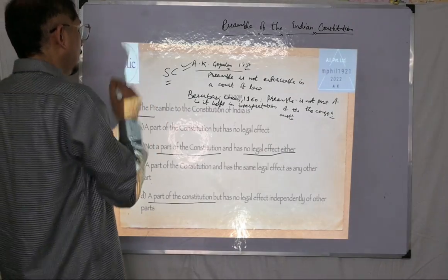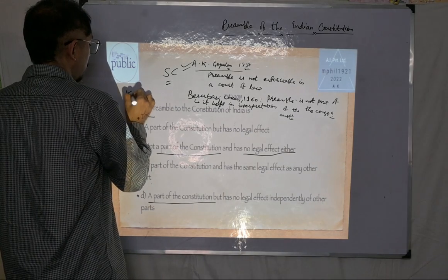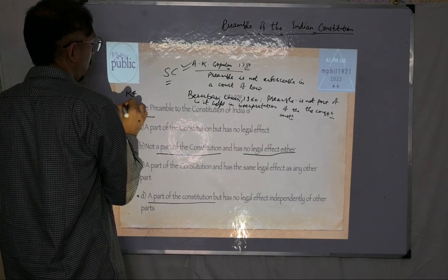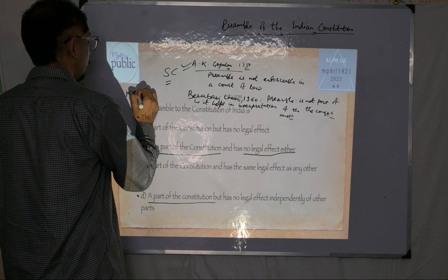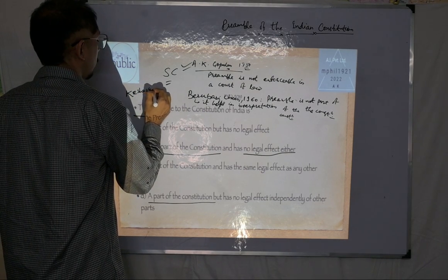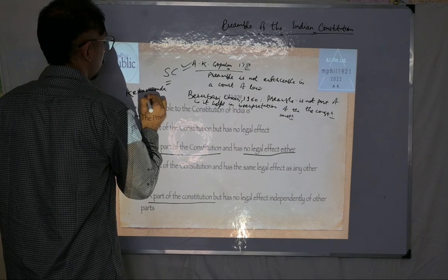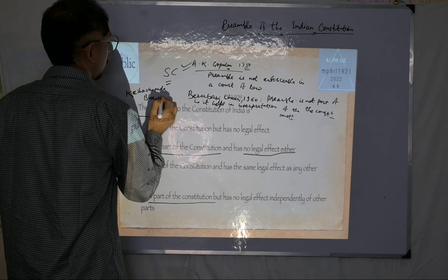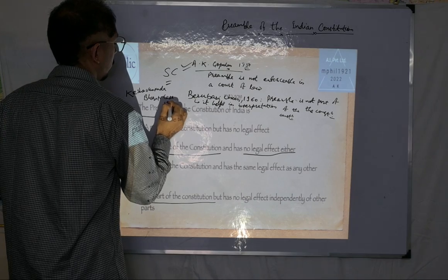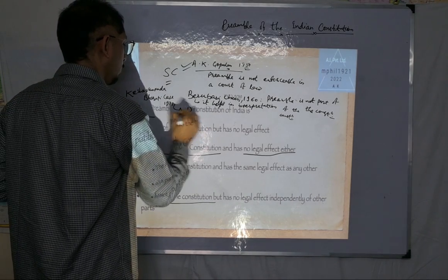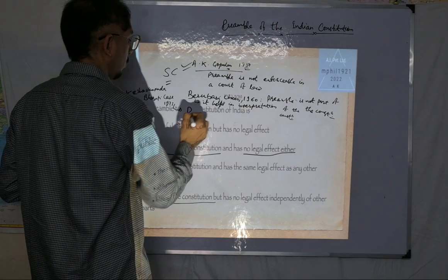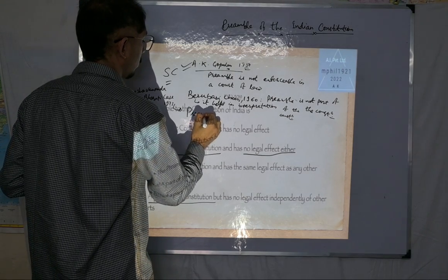But if you see the Kesavananda Bharati case, a very famous case which led to the origin of the basic structure, 1973, it says that the preamble is a part of the Constitution.